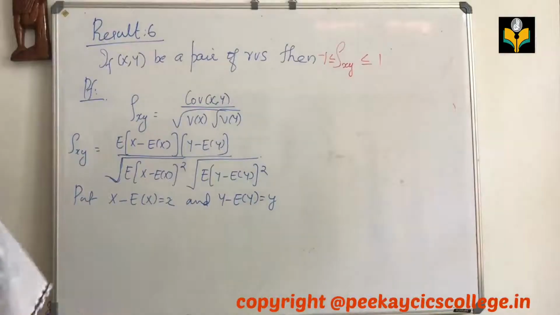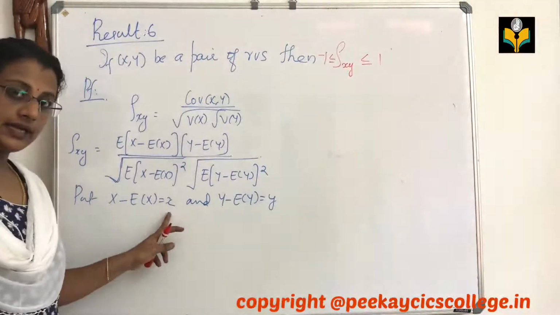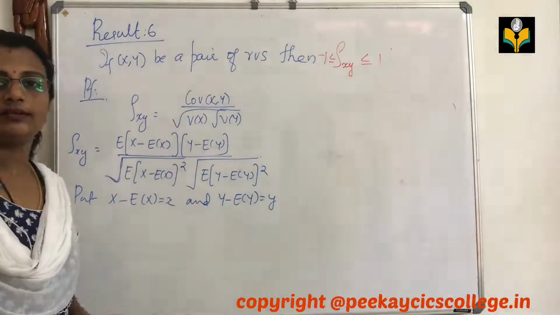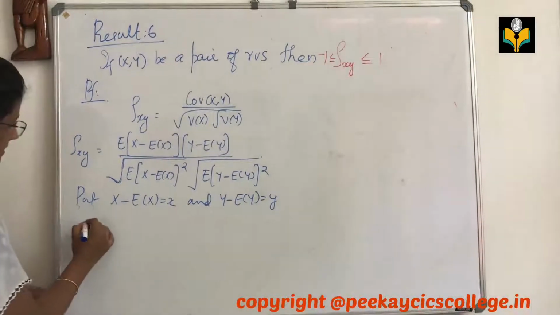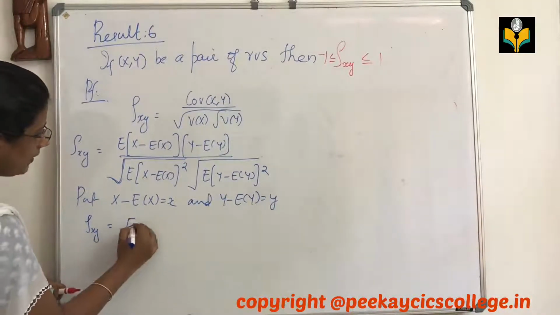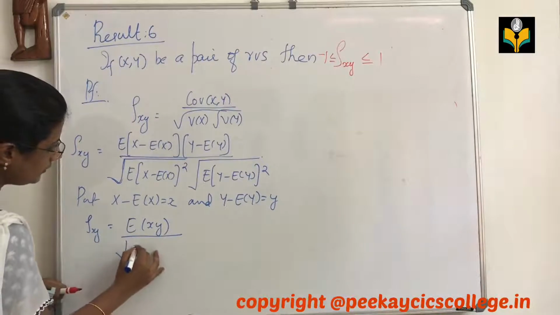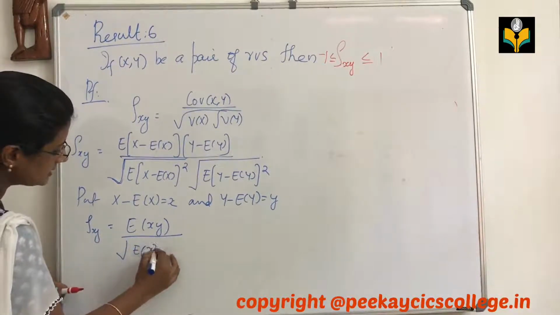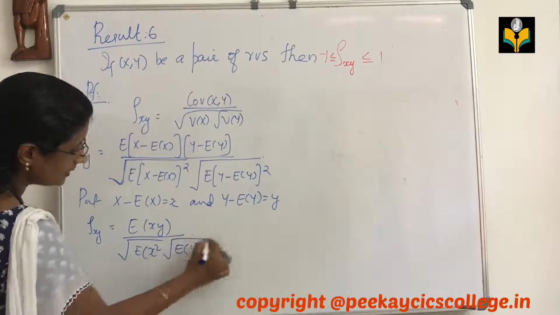Okay, put x minus e of x equal to small x and y minus e of y equal to small y. അല്ലേ? അപ്പോൾ rho xy equal to e of small xy divided by square root of e of small x square into square root of e of small y square.